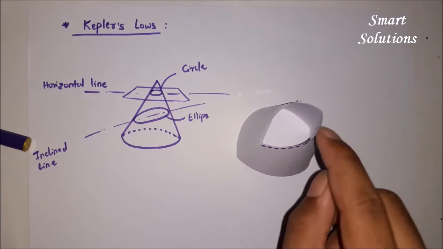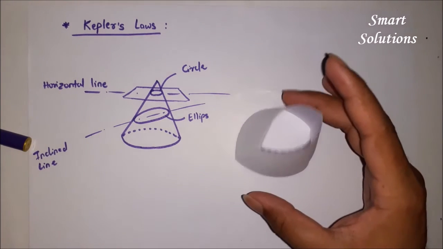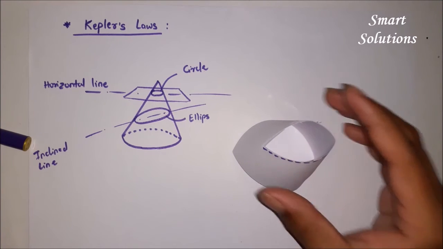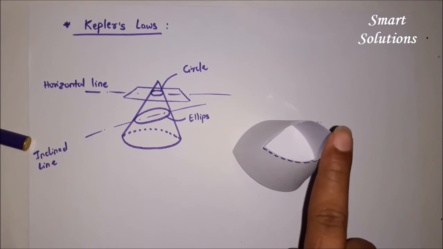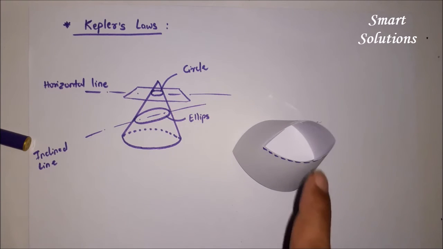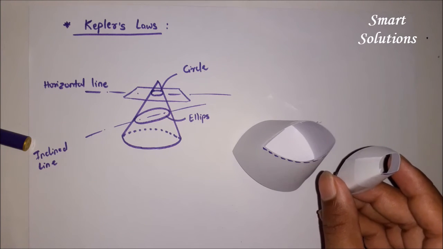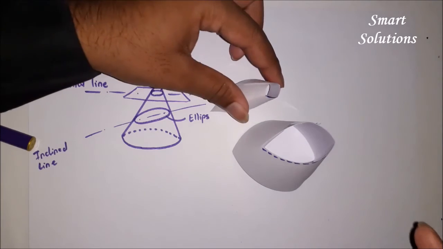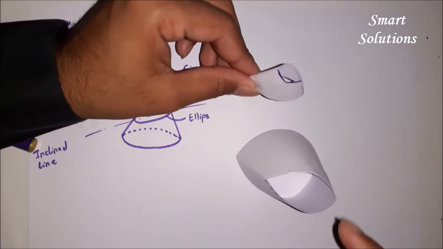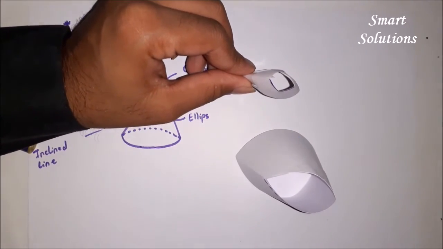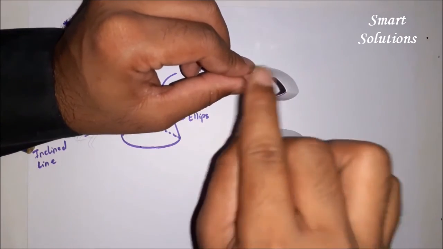If you look from the top, you will see that it is not a circle anymore. This is our previous cut, which is circular in shape, not very perfectly, but it is circular.